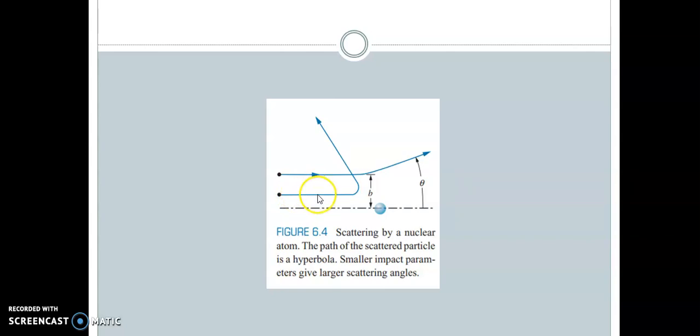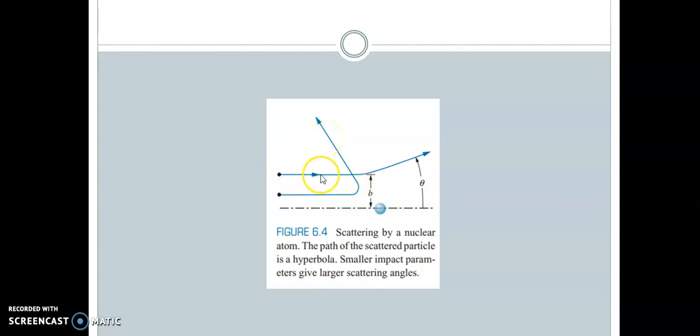but with a lesser, there will be a small repulsive force compared to this, and they are scattered through large angles greater than 90 degrees.